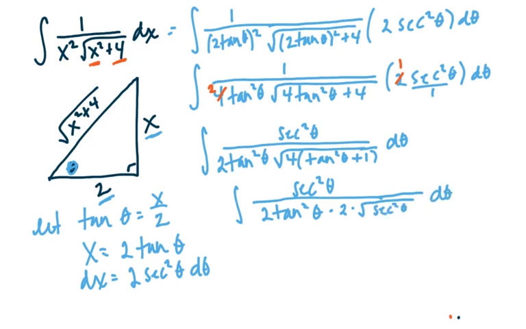Those identities that you need to know. So let's make a note here. Let me remind you that secant squared theta equals tangent squared theta plus 1. That's one of those important identities that you need to know.